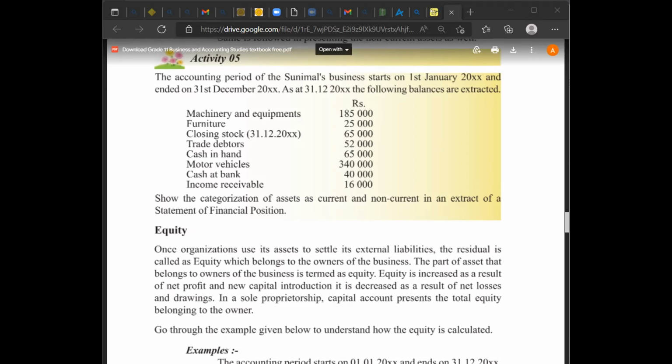Take the total of non-current assets. Take the total of current assets. Then total both. Total assets done. Everyone, please try.